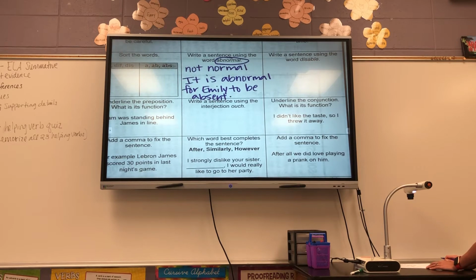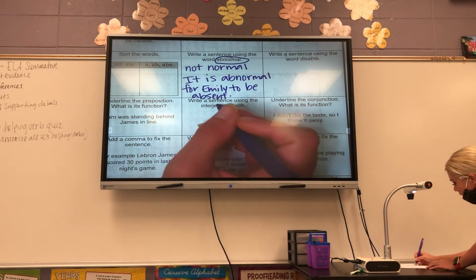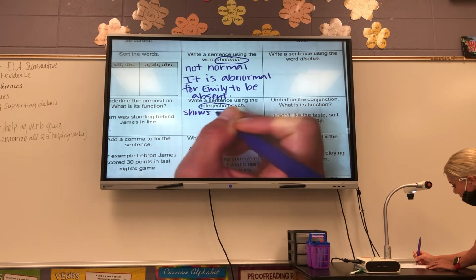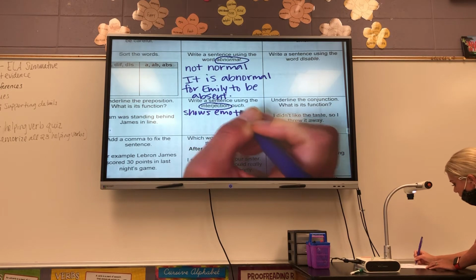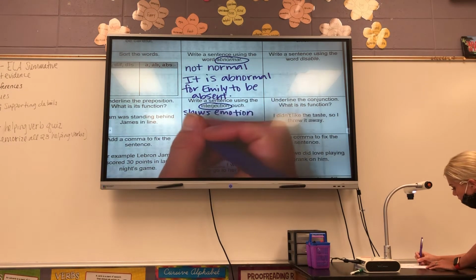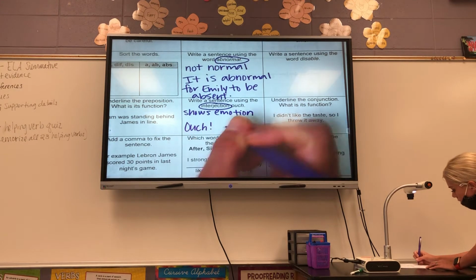Okay? Write a sentence using the interjection ouch. I know an interjection shows emotion. So I'm going to circle the keyword interjection. I'm going to write shows emotion. Interjections are mostly at the beginning of sentences, so you can write ouch.